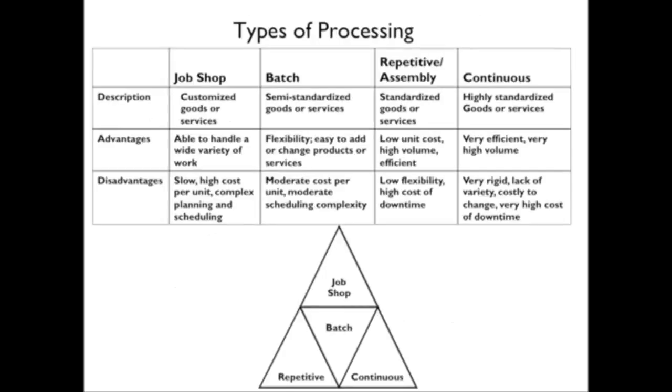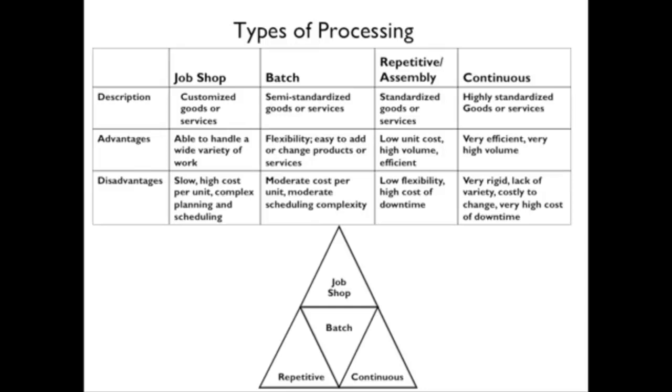So there's different types of processing. This is comparing 4 different types. The first is a job shop, and this is like what you might call an auto repair shop, where people come in and it's very specific jobs.